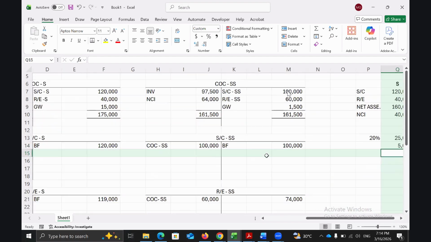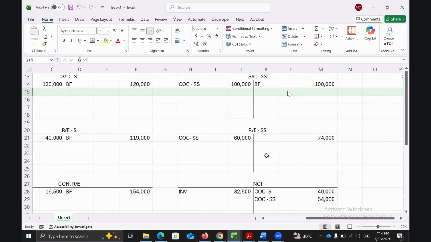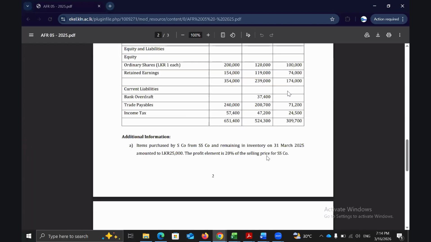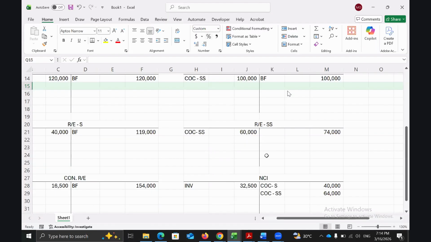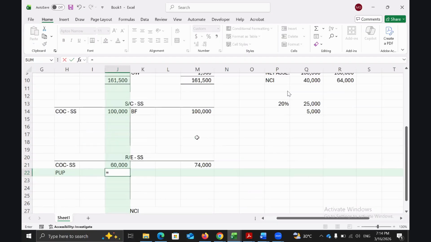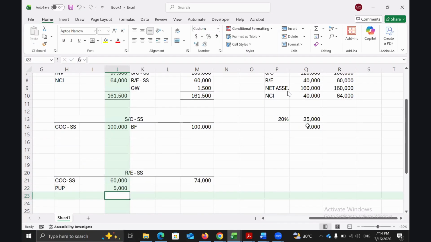Okay, then from whose retained earnings are we going to get this amount? Okay, then from SS company's retained earnings, we are going to make a provision for unrealized profit, rupees 5,000. Provision for unrealized profit, rupees 5,000.